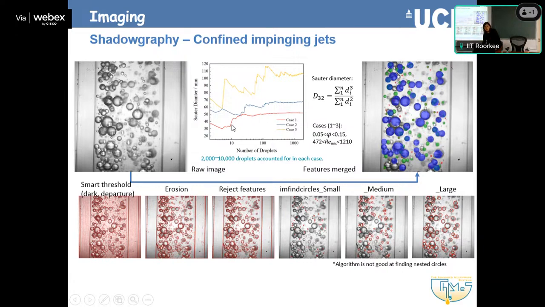And by plotting the mean average diameter over the number of droplets, we could see that, depending on the case, maybe you need at least 200-300 drops to have a good statistically believable result.